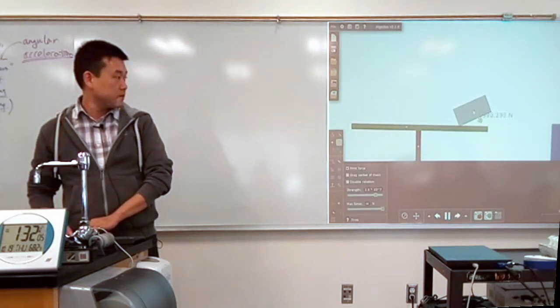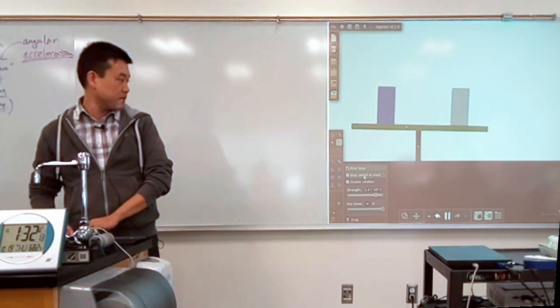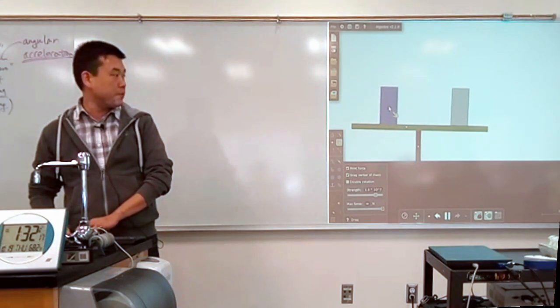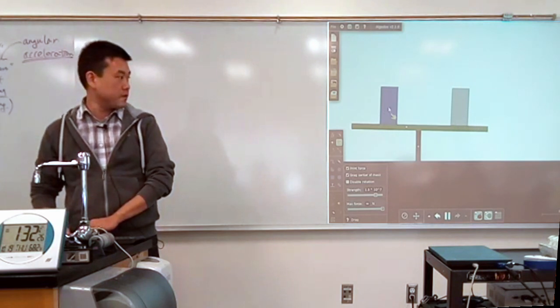I want to put them in a way that the seesaw will balance after I remove that fix. How do you think I should position them? Should I position the lighter child farther away or the heavier child farther away? Lighter child farther away. Yeah, you all have an intuition for this, right?